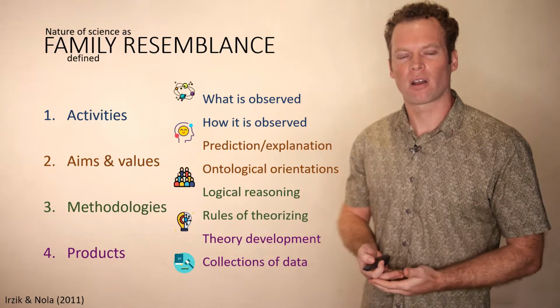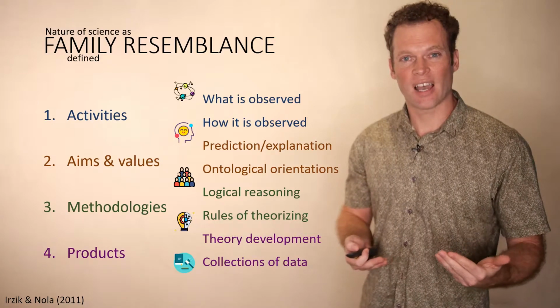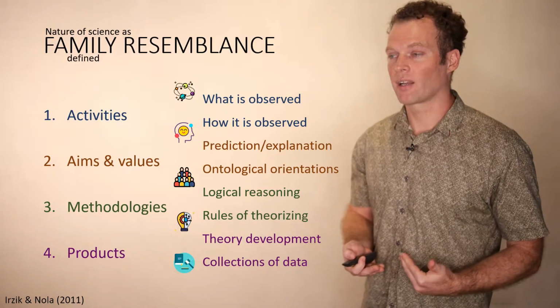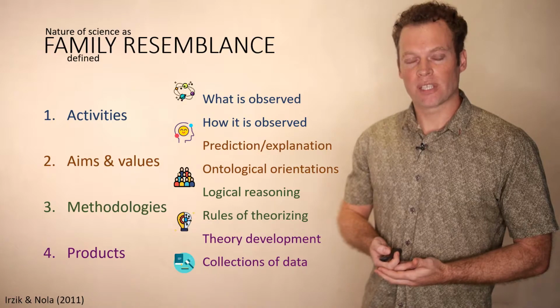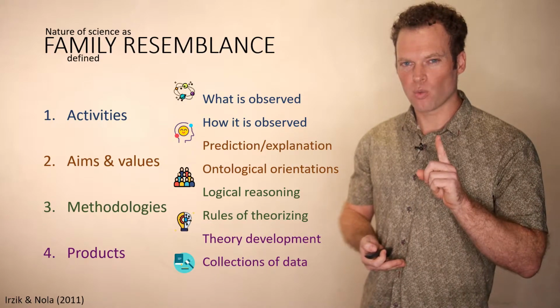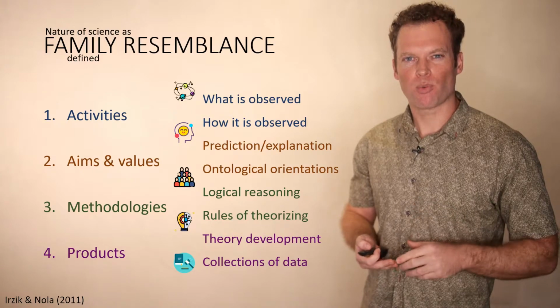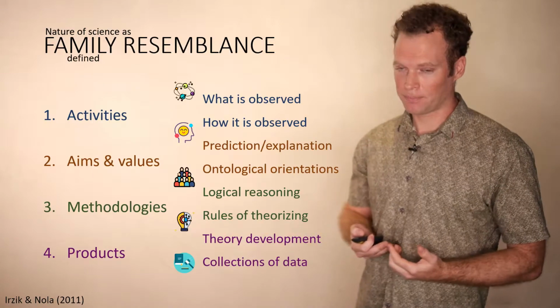But ultimately there are collections of data that reflect observations, and different sciences go about these data collections differently, but they all have data collections in common. And so that is the family resemblance approach, recognizing that there isn't one strict set of characteristics that define science, but rather there are these general levels of familiarity.